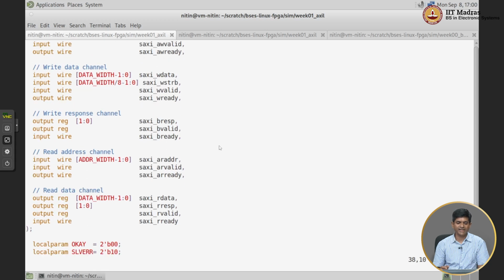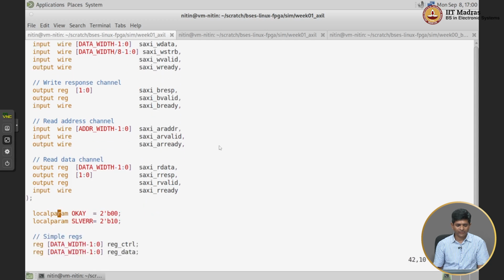So, these are all the different channels that are required for the AXI interface. Now, you can see that I also defined two parameters. OK is defined as just 00, and SLV error essentially stands for slave error, which is given the code 10. This once again is standard AXI terminology.